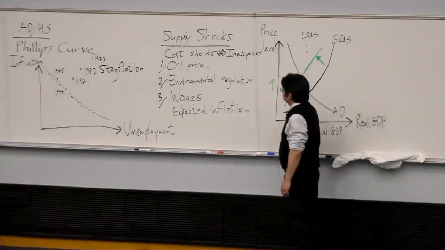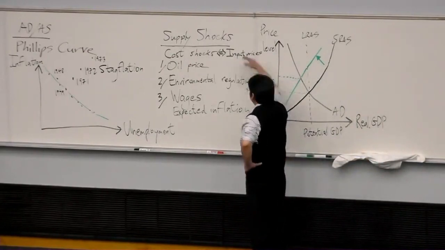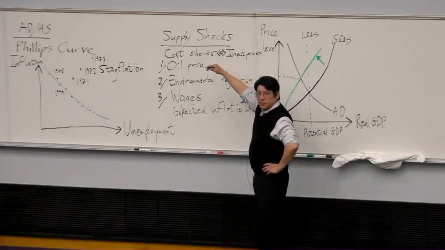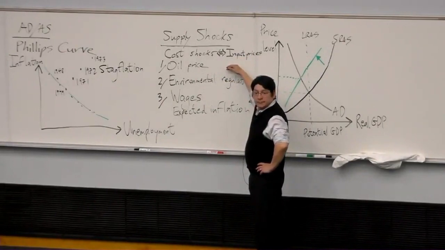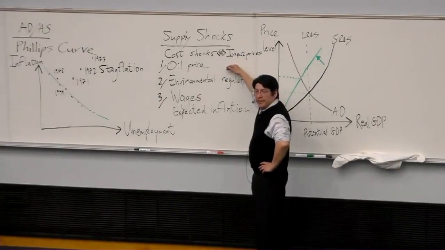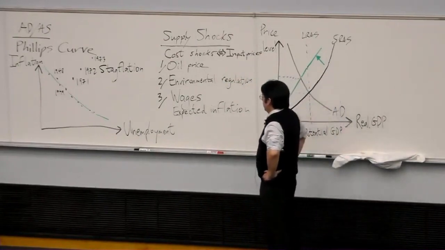So let's just go down this list and see if these are things that we need to worry about. Oil price. What are oil prices doing? They're very high, and they might continue to go up. Why? Well, a collection of things.